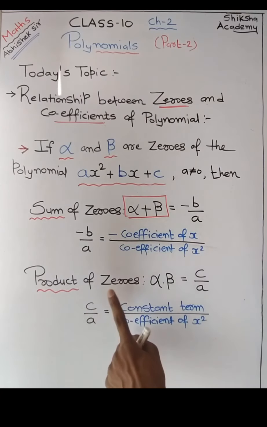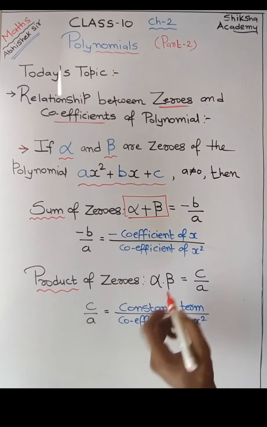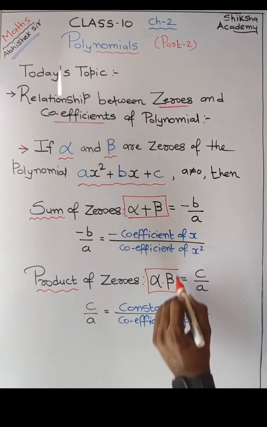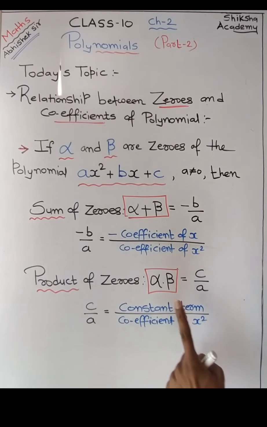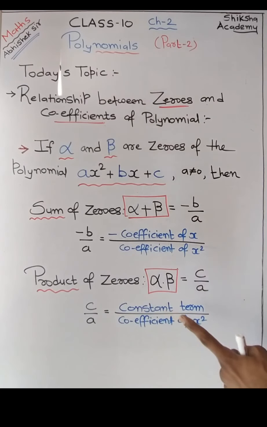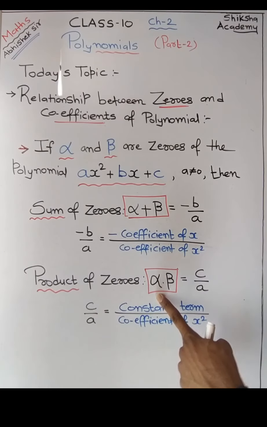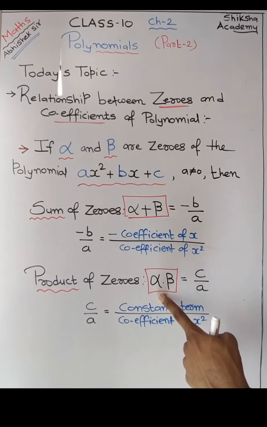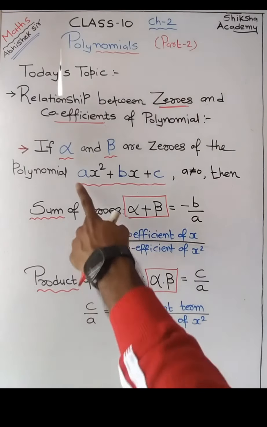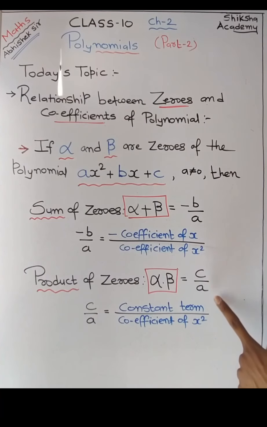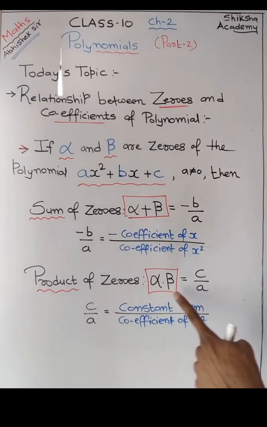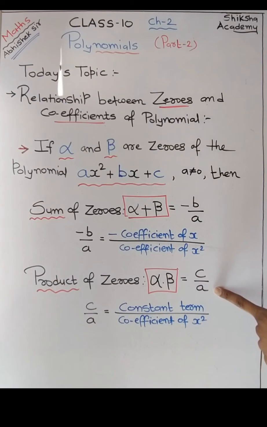Now if you want to find out the product of zeros, what do you have to do? You have to do alpha into beta, right? You have to find out alpha, then beta, these are the roots or zeros, and then find the product. But if we want to find the product just on the basis of coefficients, we'll put c by a. So what is alpha into beta? That is c by a.